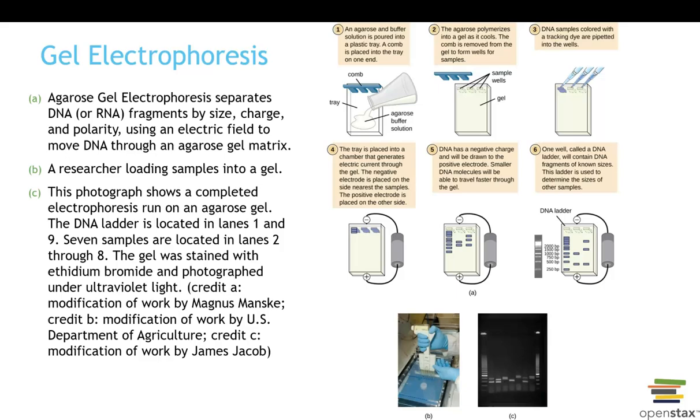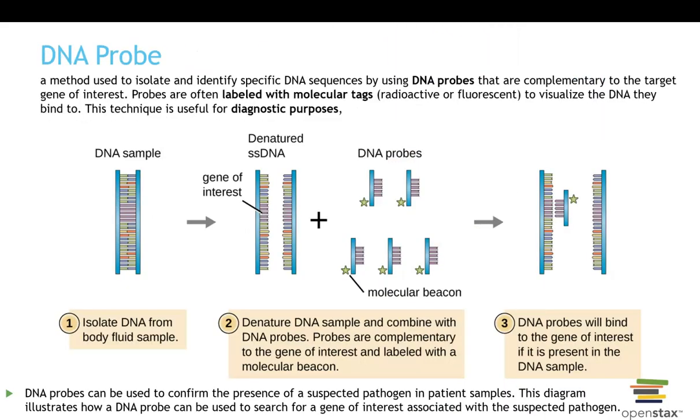One of the techniques that you need to know is called DNA probe or DNA probing. This is a technique that we use in order to isolate and identify specific DNA sequences by using DNA probes.